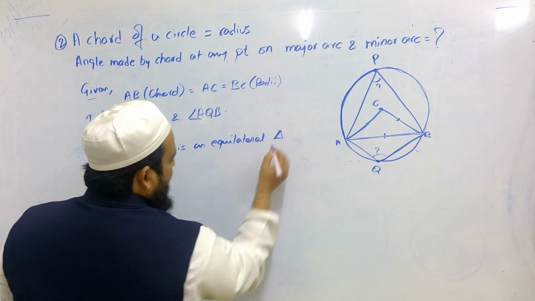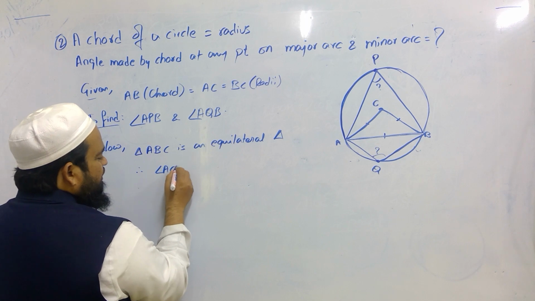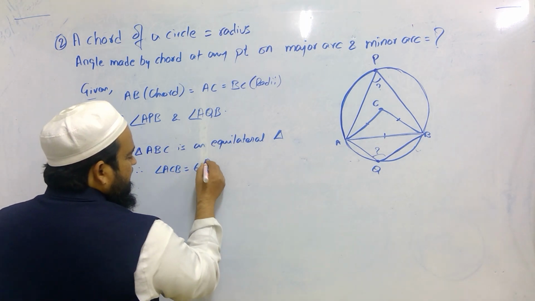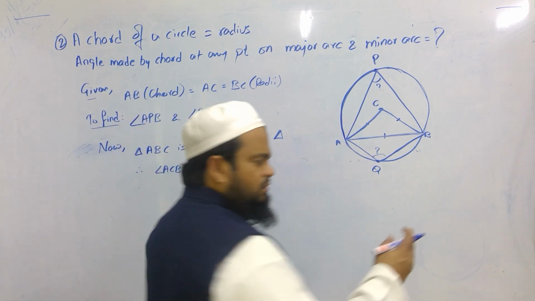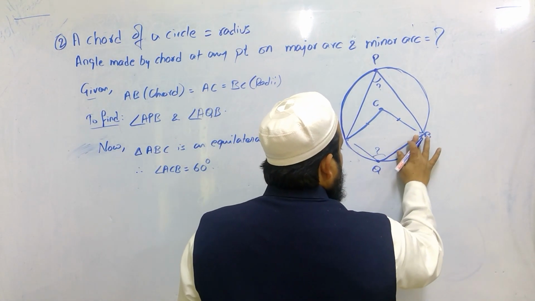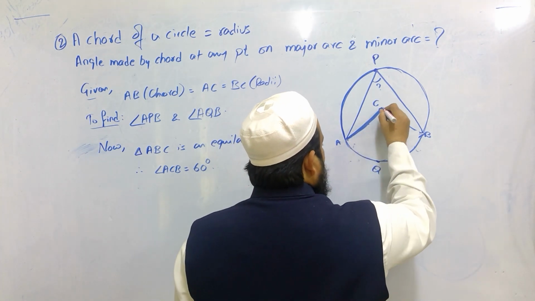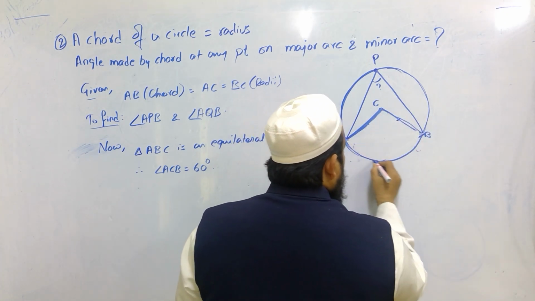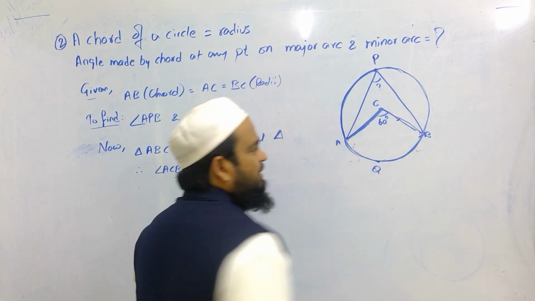Therefore, angle ACB is equal to how much, my dear students? 60 degrees. Now, how does it look like? Is this the angle subtended by the arc AQB? So this angle is 60 degrees.